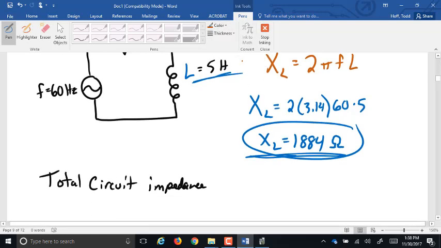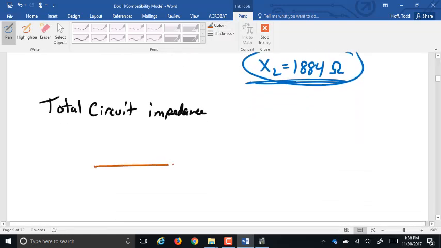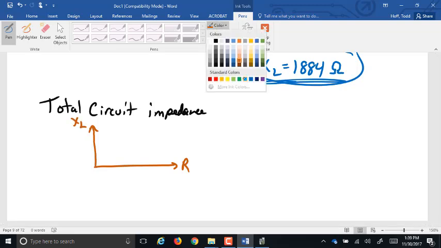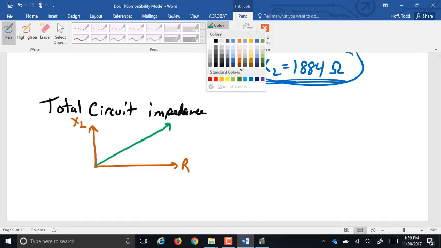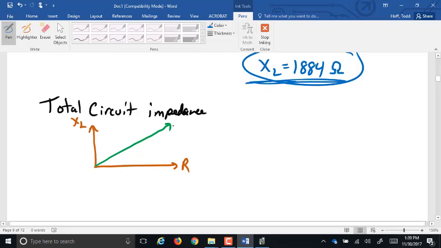It's called phase shift. Our resistance is at 0 degrees, and we'll talk, this will make a little more sense after we do some trig in the spring. The inductive reactance is at 90 degrees.